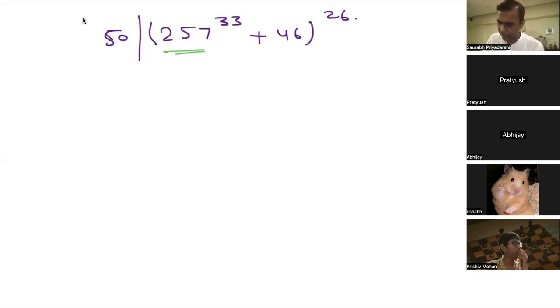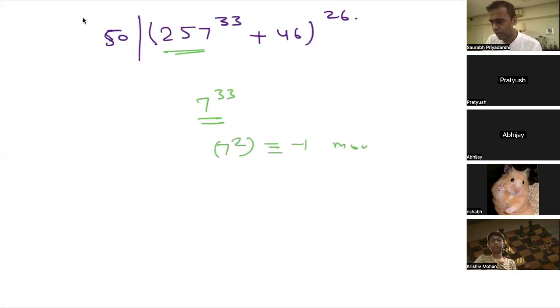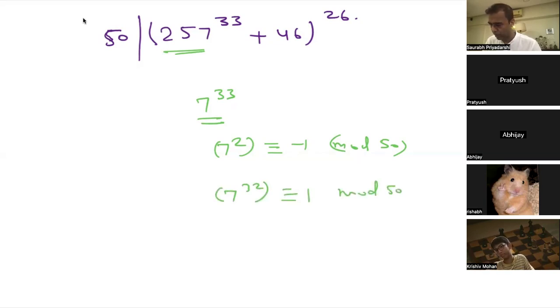This is nothing but 7 to the power 33. And 7 squared is congruent to -1 mod 50, so 7 to the power 32 is congruent to 1 mod 50, and this gives 7 mod 50.